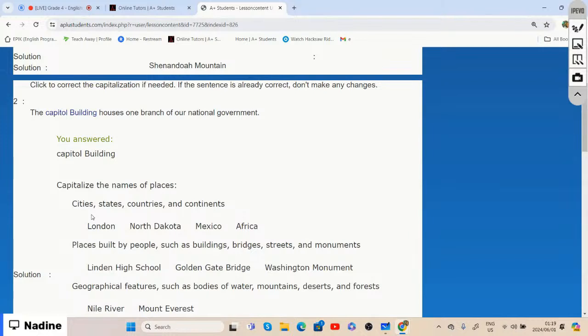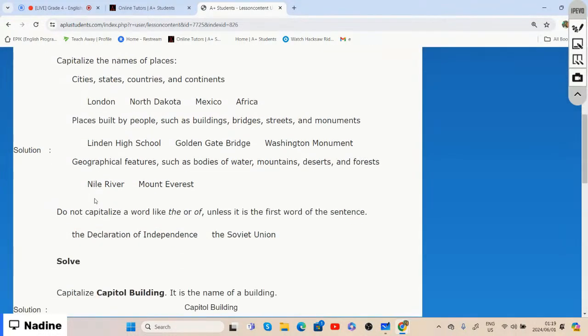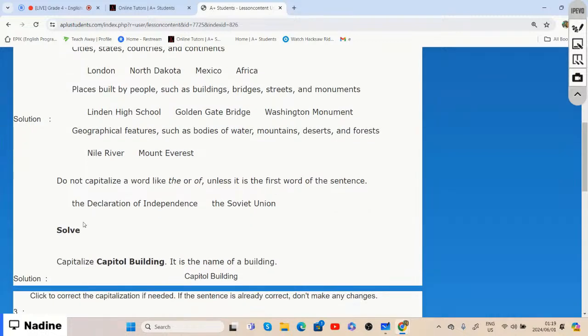And we capitalize places that are built by people, such as buildings, bridges, streets, and monuments, and we can say Lebanon High School, Golden Gate Bridge, Washington Monument. Then we have our geographical features, such as bodies of water, which is your rivers, your lakes, mountains, deserts, and forests.